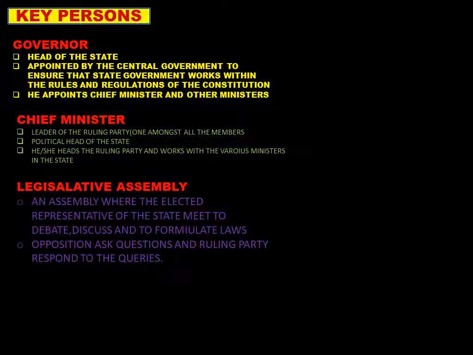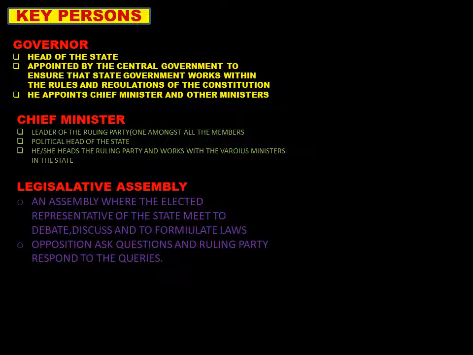Next comes the Legislative Assembly. What is the Legislative Assembly? An assembly where the elected representatives of the state meet to debate, discuss and formulate laws. In a state, for example Madhya Pradesh in Bhopal, there will be a Madhya Pradesh State Legislative Assembly, and all elected MLAs of Madhya Pradesh will sit in the Madhya Pradesh State Assembly.